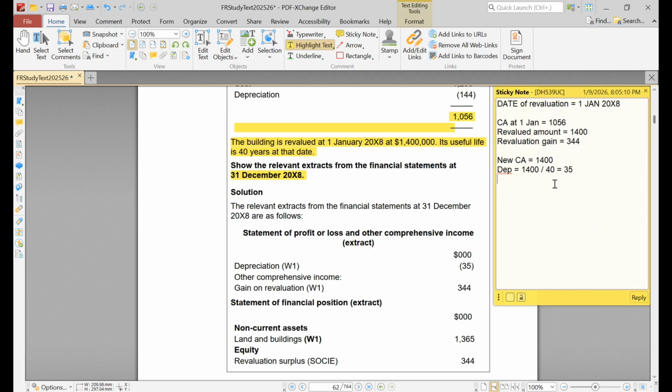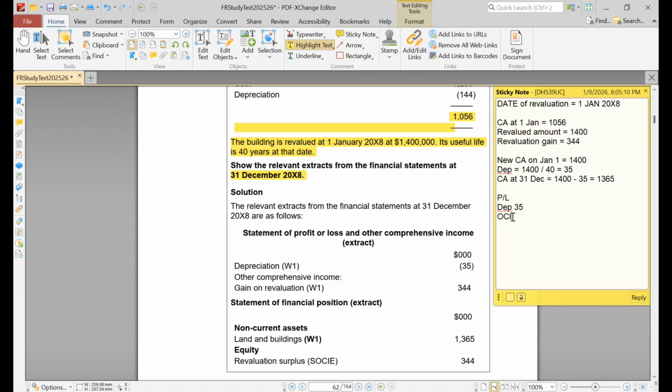This is the new carrying amount on Jan 1, and the carrying amount at 31st December would be the carrying amount at the start of the year minus depreciation for the year, which would give you 1365.